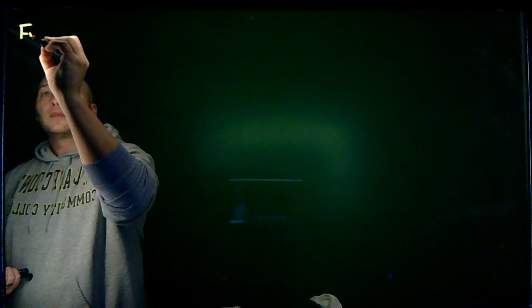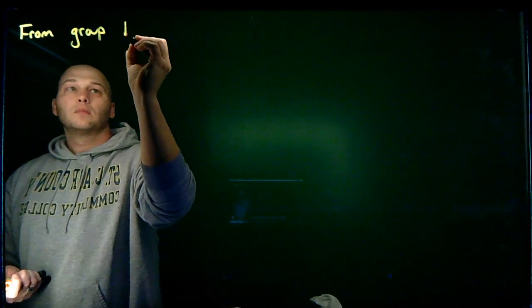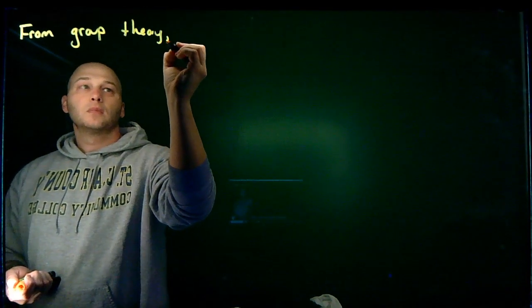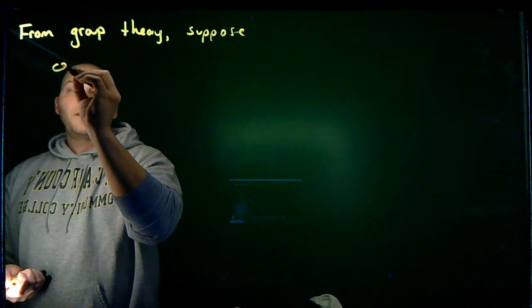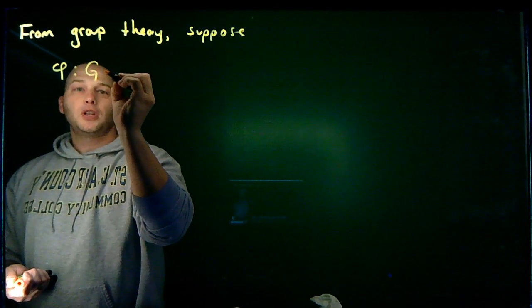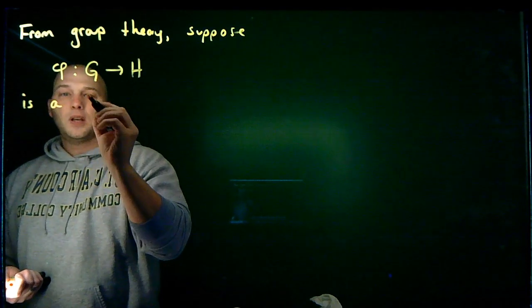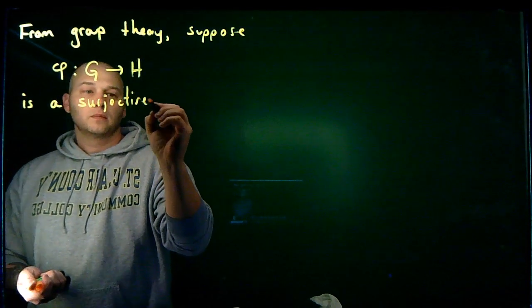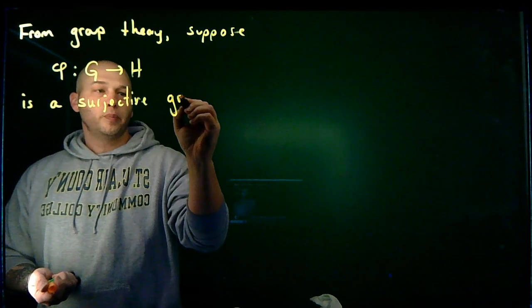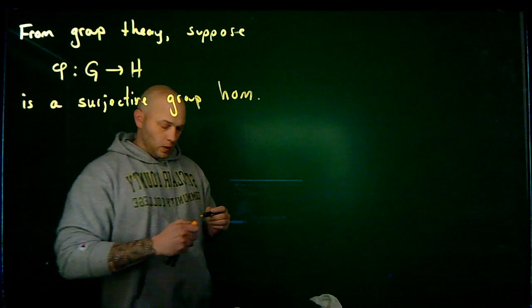Let's say from group theory, suppose phi, which takes G to H, is a surjective group homomorphism.